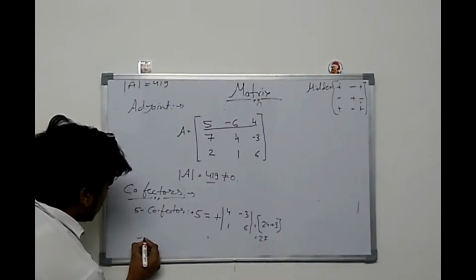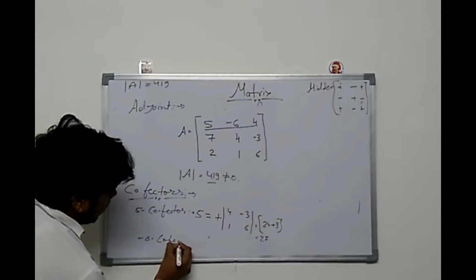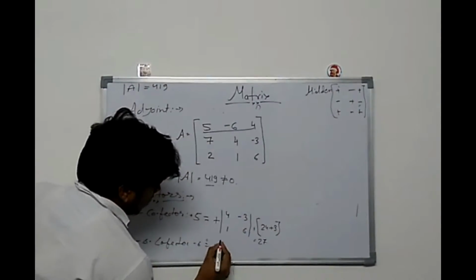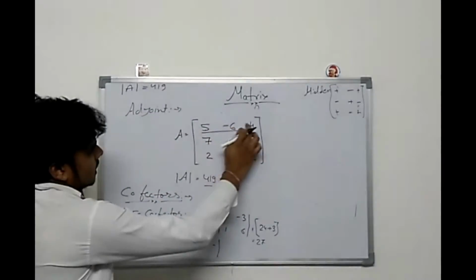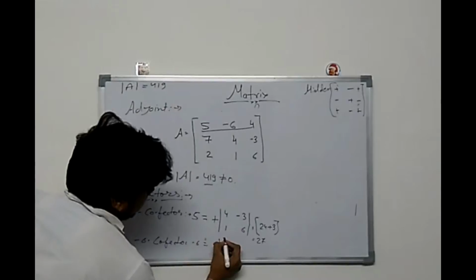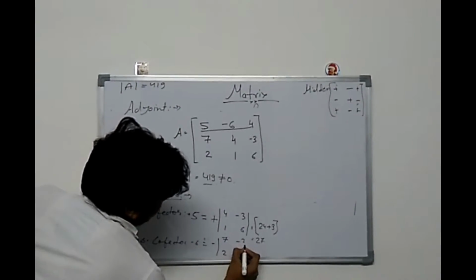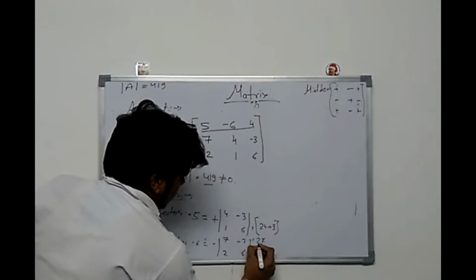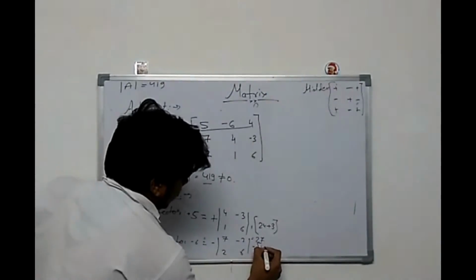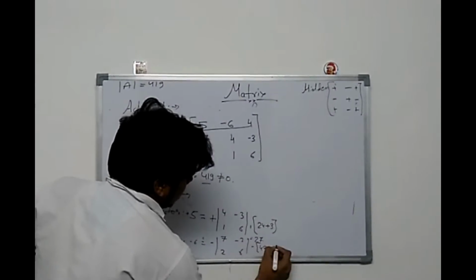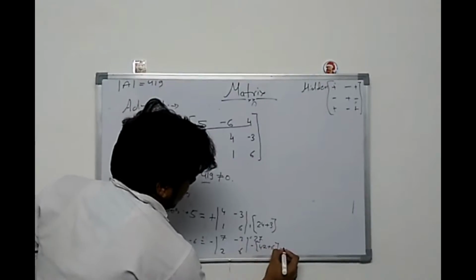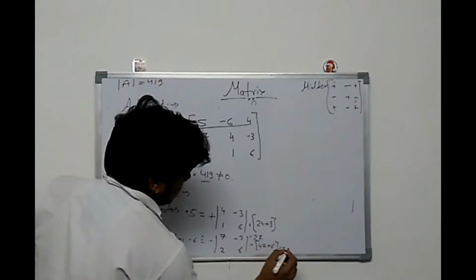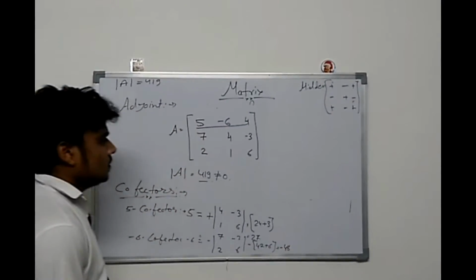And minus 6 cofactor: minus 6, and we write this minus sign, and this column and this row are ignored, and we have 7 2, minus 3 6. With the minus sign, 42 plus 6, the answer will be minus, since the signs are plus minus plus, minus plus minus, so minus 48.